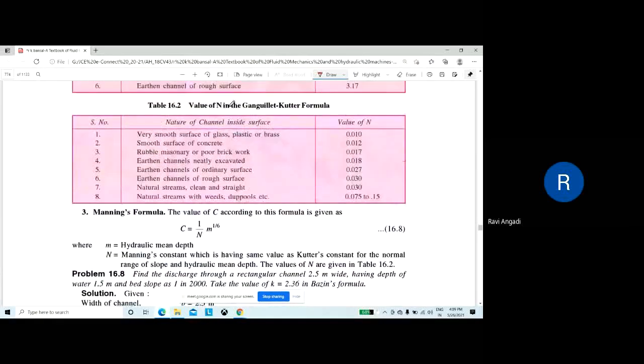Similarly, the value of N in the Kutter formula again depends upon the nature of the inside surface of the channel.